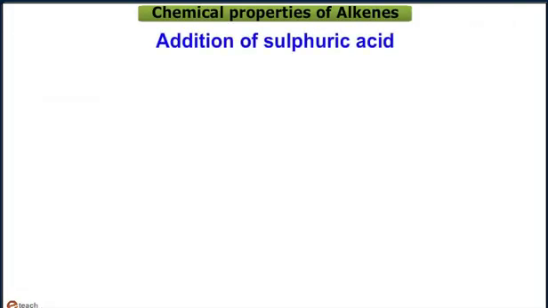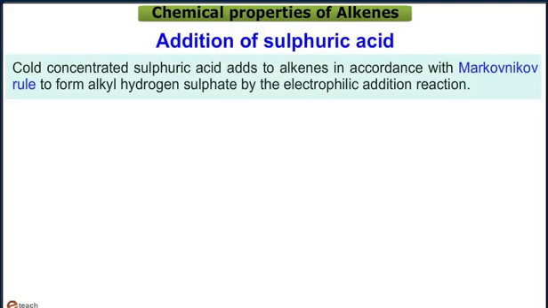Addition of sulfuric acid. Cold concentrated sulfuric acid adds to alkene in accordance with Markovnikov rule to form alkyl hydrogen sulfate by the electrophilic addition reaction. Mechanism.